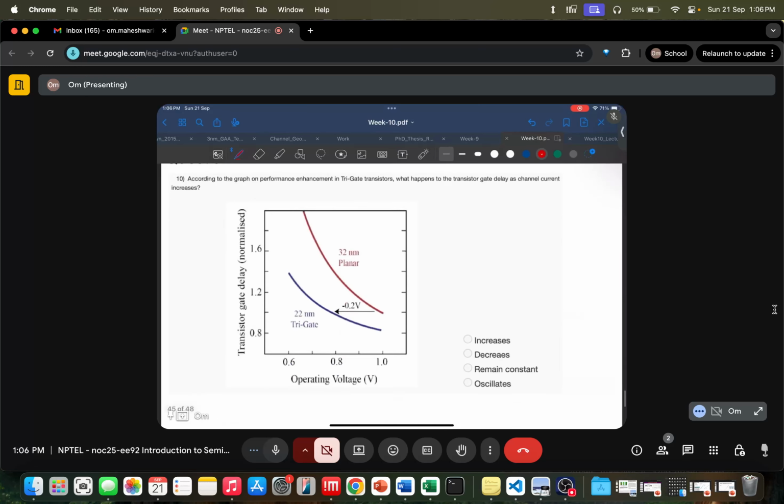Next one. According to the graph on performance enhancement in tri-gate transistors, what happens to the transistor gate delay as channel current increases?